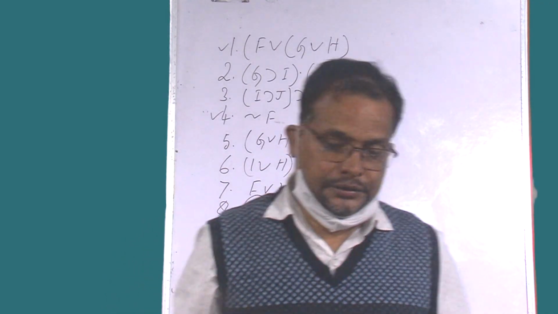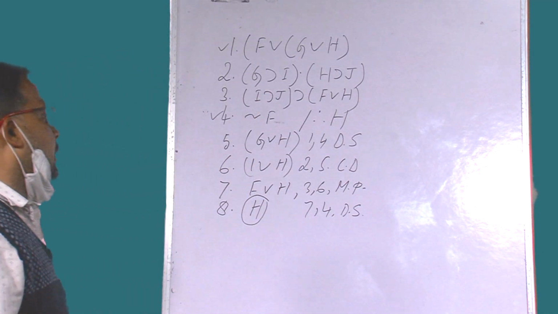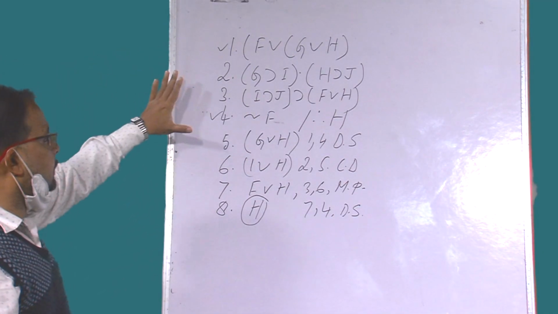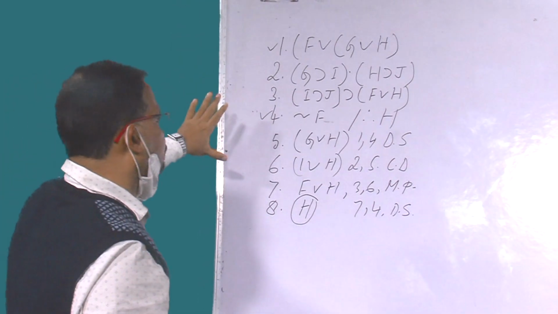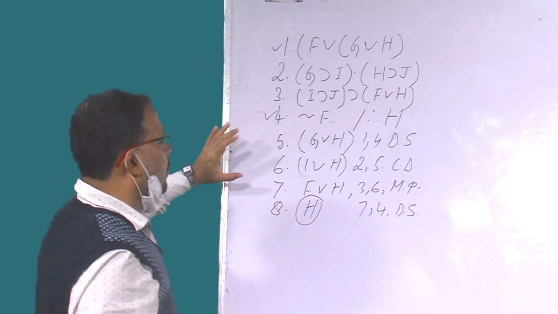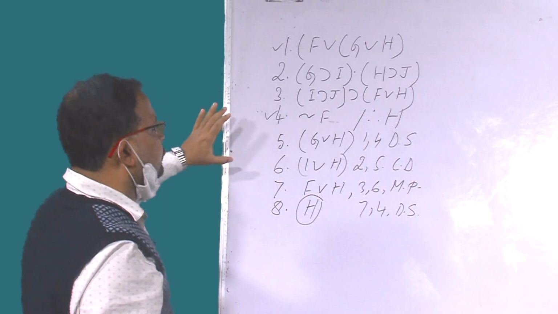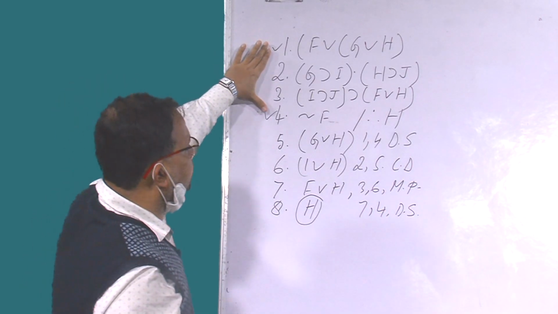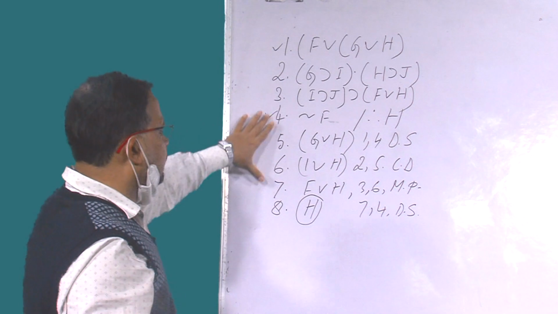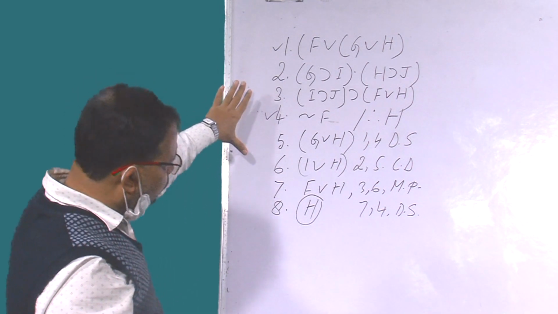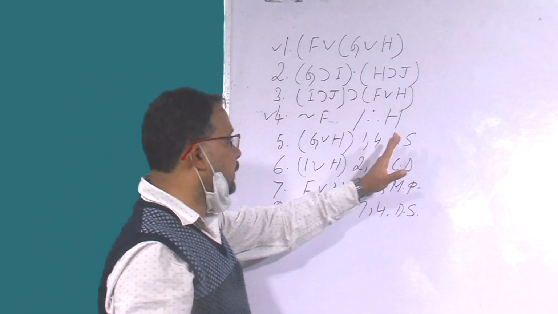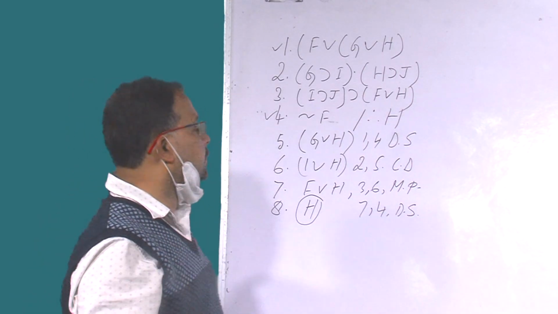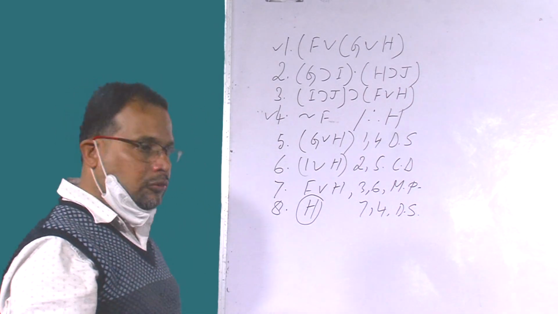So dear learners, we have used the blackboard in order to show how we have to draw the conclusion from the following premises. So you see, in these complicated arguments, we have to use rules of inference in order to draw the conclusion.